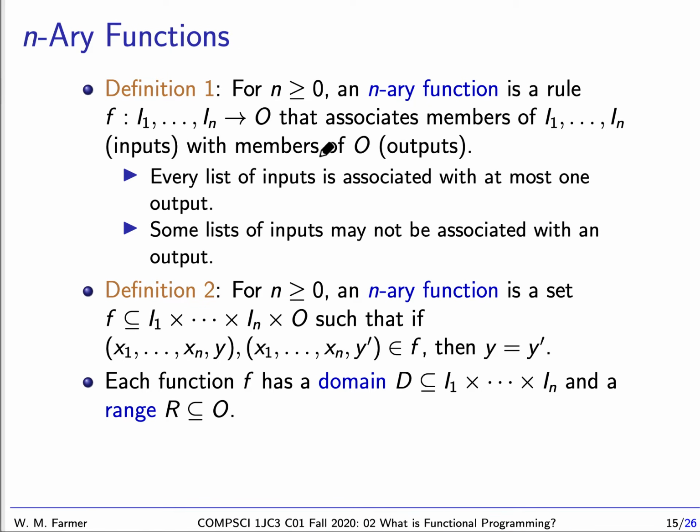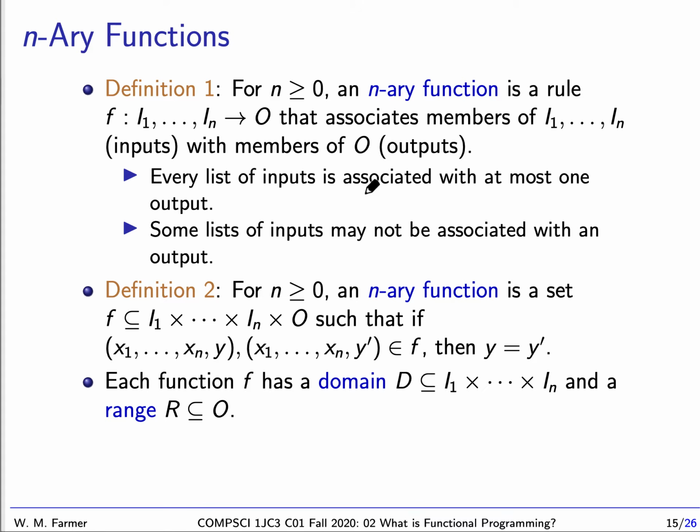They can take any natural number of inputs. And so the way it works is it's pretty much the same. We can take n inputs, produce an output, and the rule is going to associate with those n inputs a particular output, at most one output, possibly no output at all. So they work exactly the same.